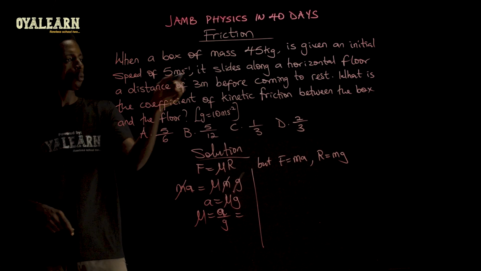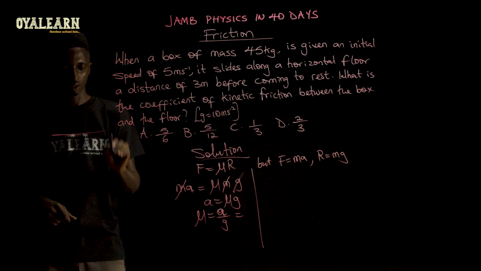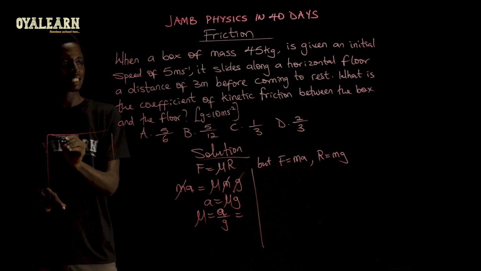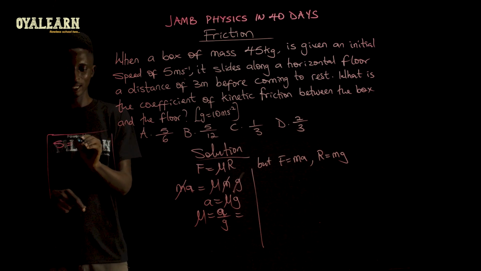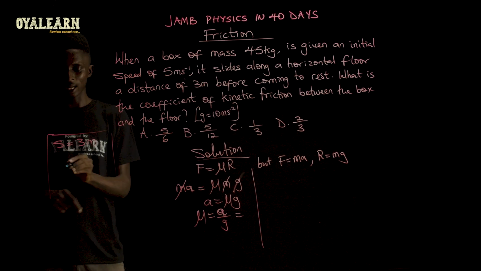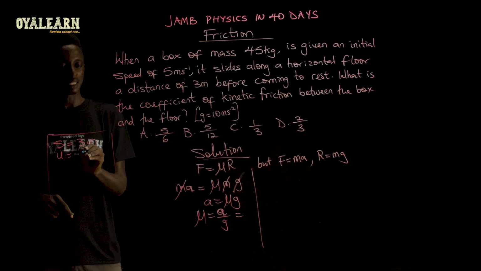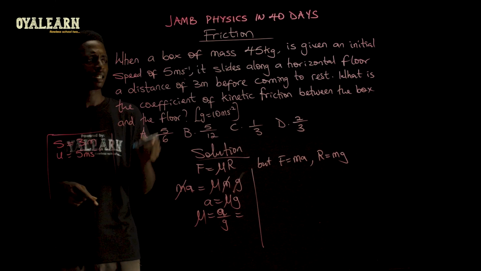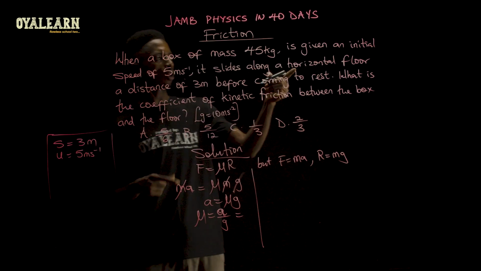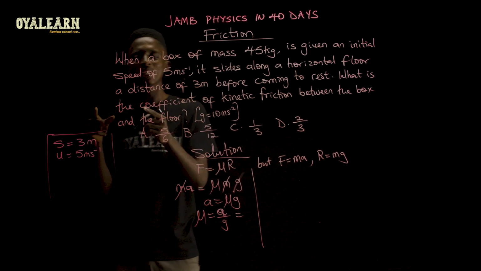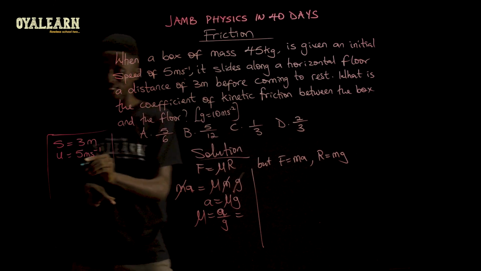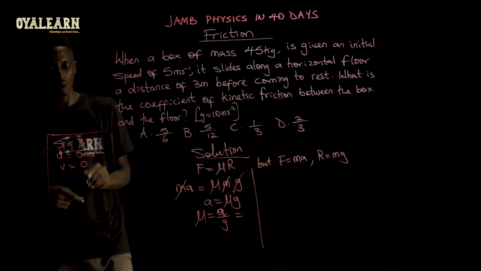We have that the displacement S is 3 meters and the initial velocity U is given as 5 meters per second. And since the object is going to come to a final stop after the 3 meters is completed, V is 0 at this point.